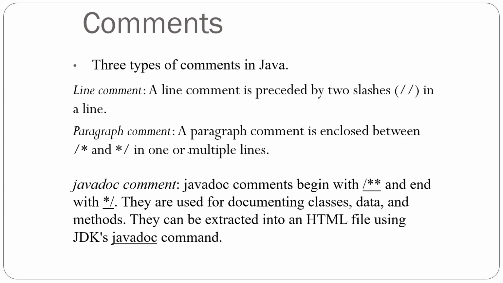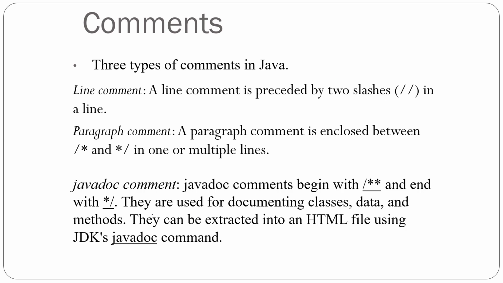Whenever you have a double slash and after that you write anything, then the whole line is commented out. So this will be used to comment a line only. If you want to comment a paragraph or something that goes beyond one line, then this will not work.